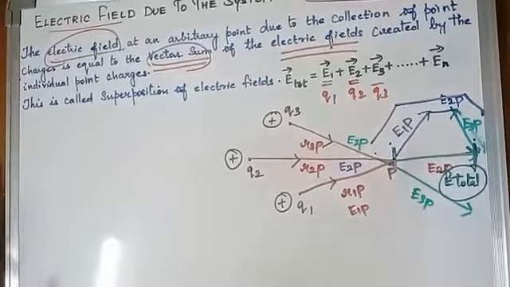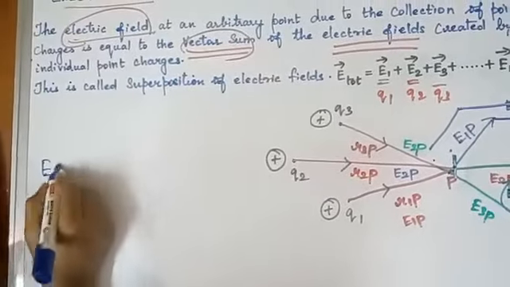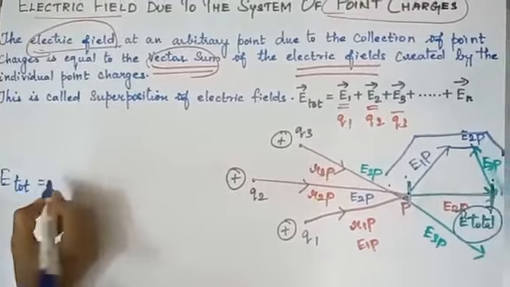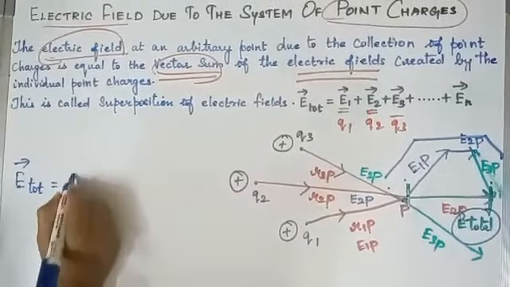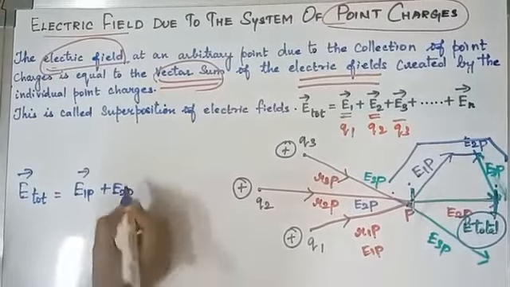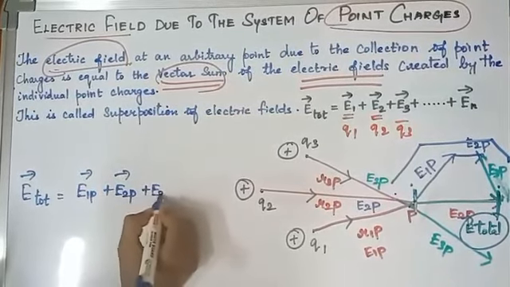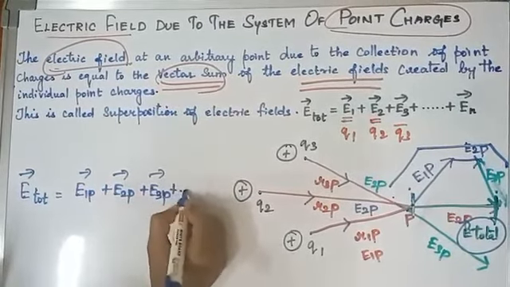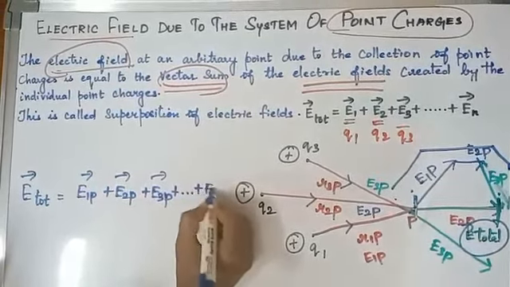Now this can be written as E total equals E1P vector plus E2P vector plus E3P vector, and so on till ENP vector, up to the nth charge.